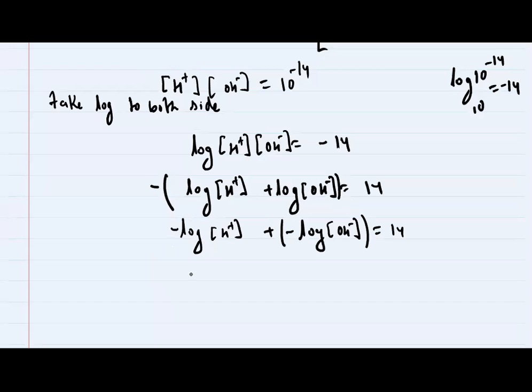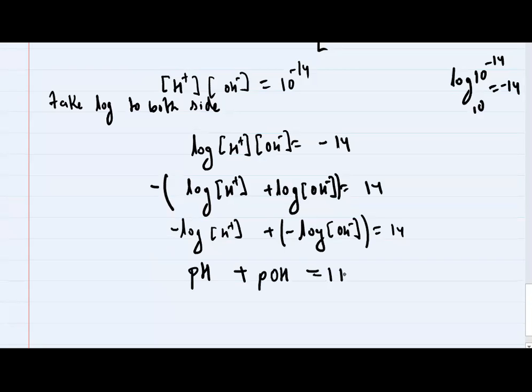So I can say that this is pH plus. And what is this called? Minus log concentration of OH minus. Tell me everyone, what is this called? Yes, very good. This is called pOH.